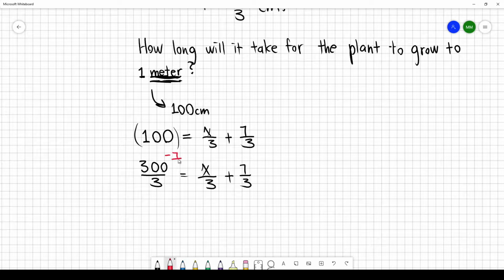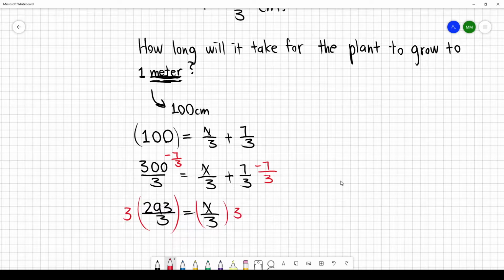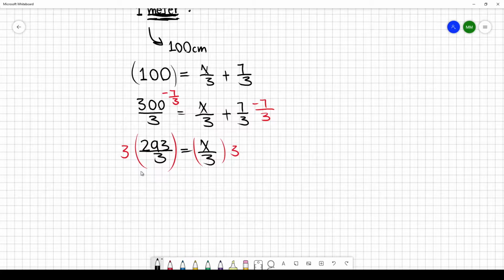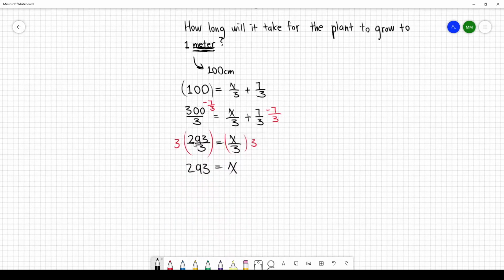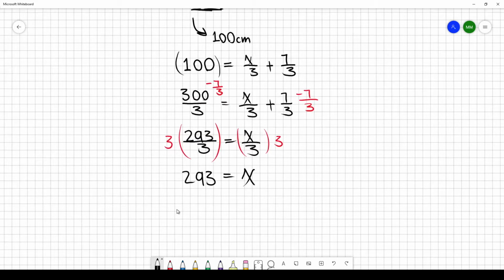Then I can subtract the constant term on both sides, which would give me 293 divided by 3 is equal to x divided by 3. So if I multiply 3 on both sides, the 3 in the bottom cancels out. I'm left with 293 is equal to x. And remember the units. X is in days. That didn't change.